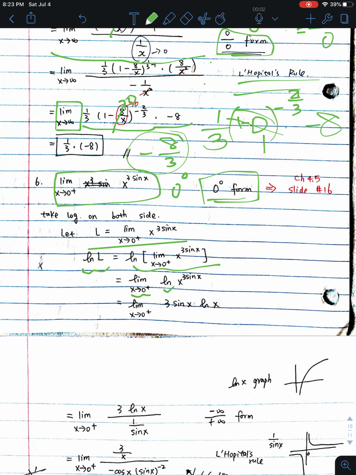Only for a continuous function can we swap the limit and log. Then we can apply the log property: log a to the power b is b times log a. So we can move the power term in front of log. So that's 3 sine x log x.